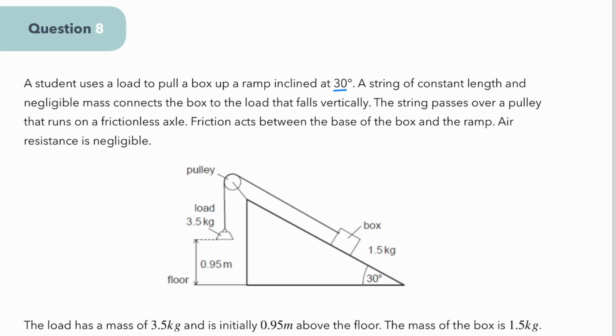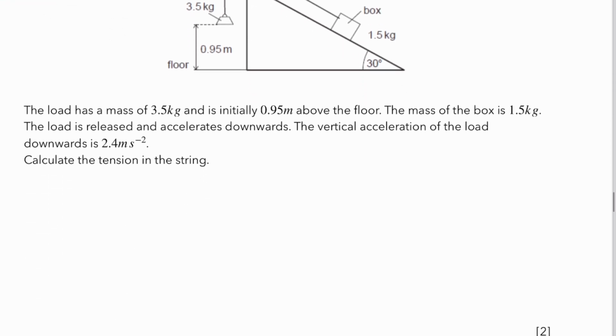Air resistance is negligible. The load has a mass of 3.5 kilograms and is initially 0.95 metres above the floor. The mass of the box is 1.5 kilograms. The load is released and accelerates downwards. The vertical acceleration of the load downwards is 2.4 metres per second squared. Calculate the tension in the string.